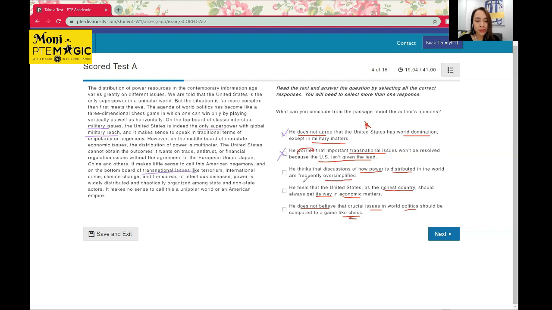So it's incorrect. Next: he thinks that the discussion of how power is distributed is oversimplified. Let's think that we need to find something similar to oversimplified. Either the word oversimplified will be here, or otherwise something opposite. Okay, distribution of power. Let's find it. So, power.